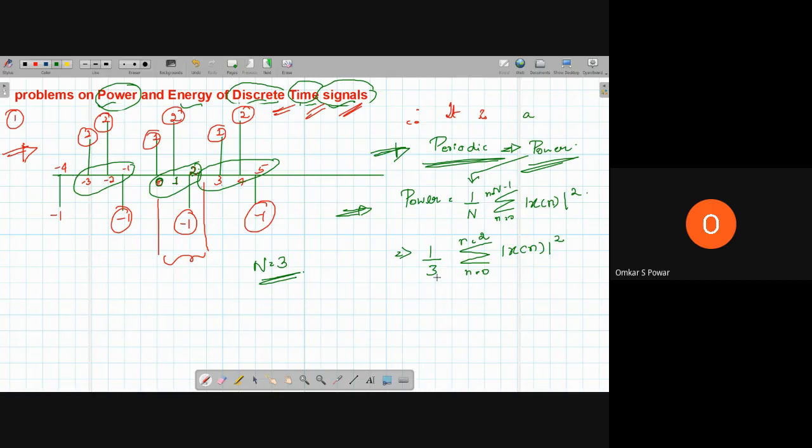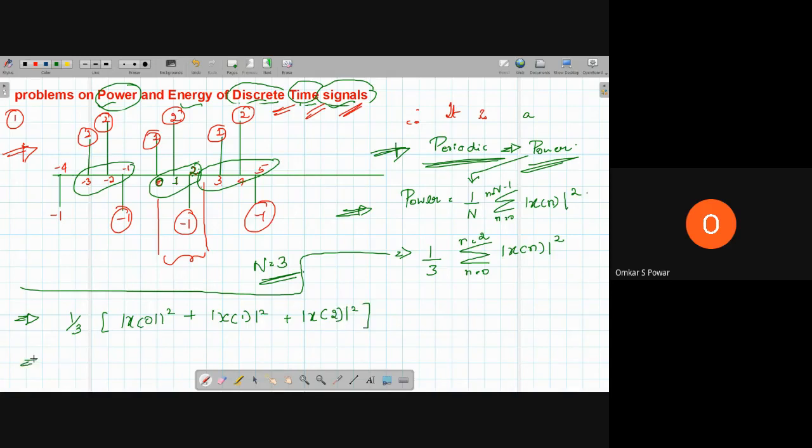So we'll expand this one. I'll continue here. 1 by 3, n is equal to 0 to 2. So mod of x of 0 the whole square plus mod of x of 1 the whole square plus mod of x of 2 the whole square. Now 1 by 3 into, what is the value of x at 0? The value is 1.